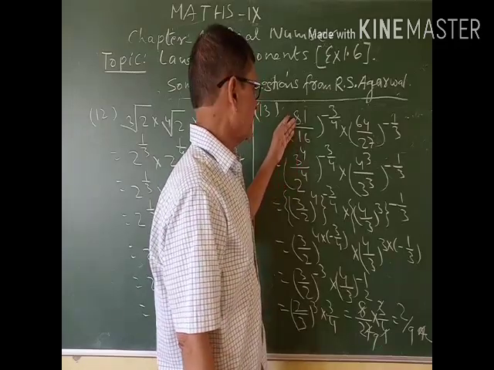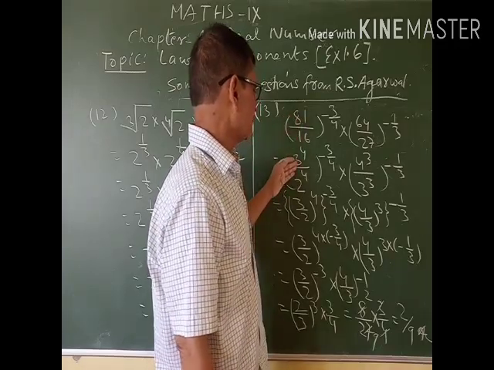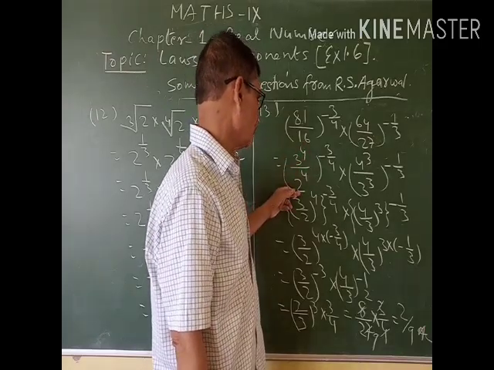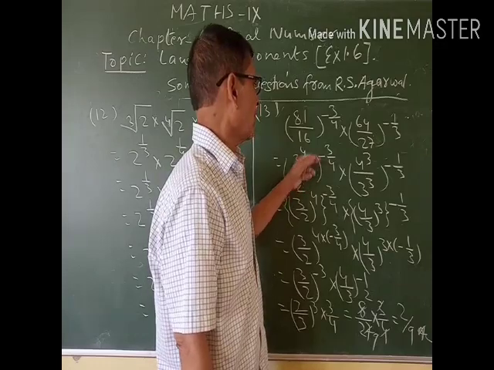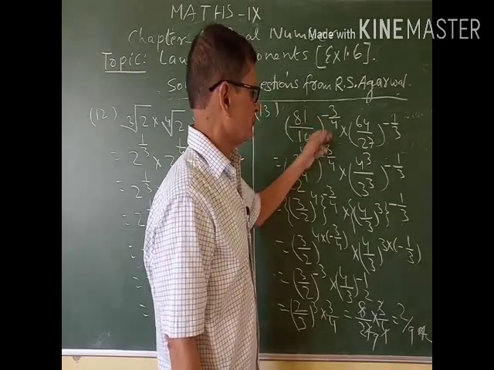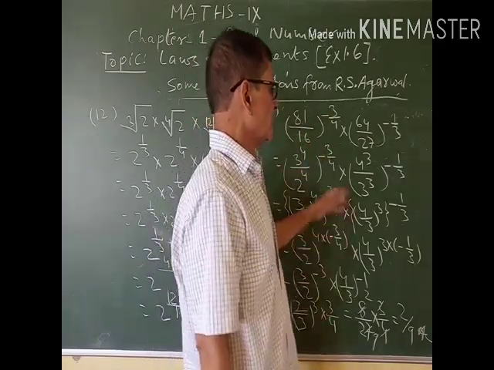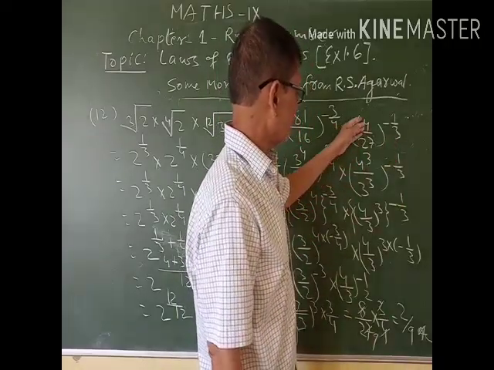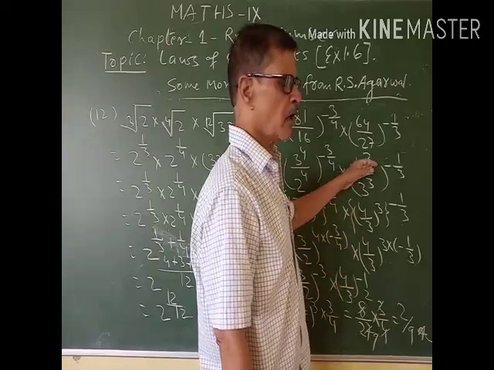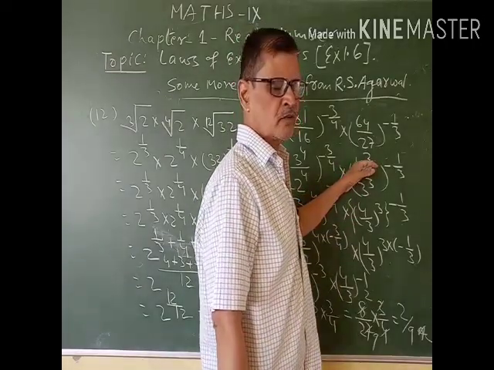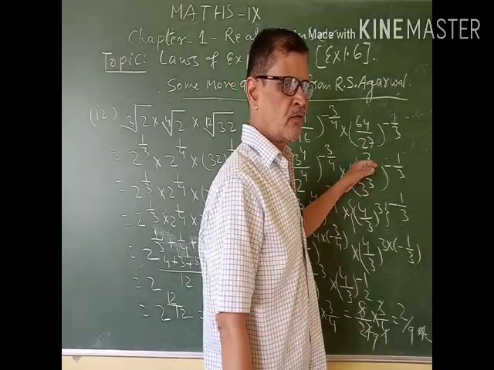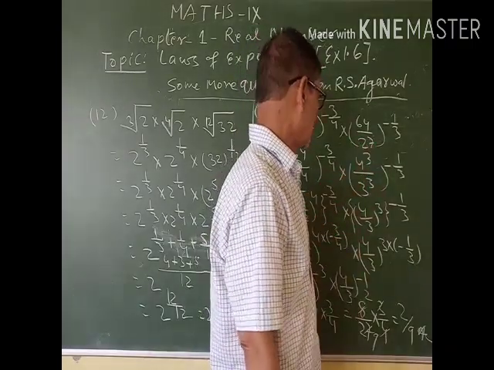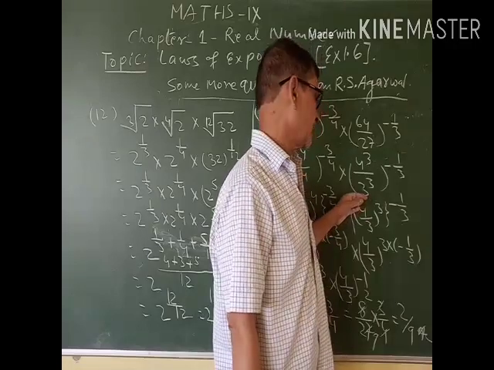You can write 81 as 3 to the power 4, and for 16 you can write 2 to the power 4, and I have written this as usual. Similarly here 1 by 3, you can write 64 as 4 to the power cube, 4 fours are 16, 16 fours are 64, and for 27 you can write 3 to the power cube.